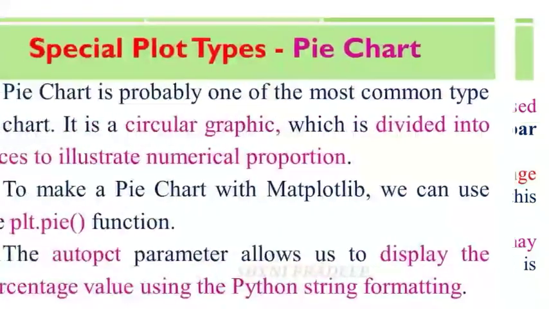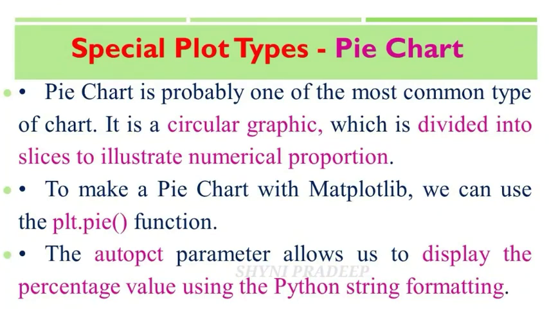Next, let us see about the pie chart. What is a pie chart? A pie chart is probably one of the most common types of chart. It is a circular graphic which is divided into slices to illustrate numerical proportion. So it looks like different colors of slices. Okay. The point of a pie chart is to show the relationship of parts out of a whole.